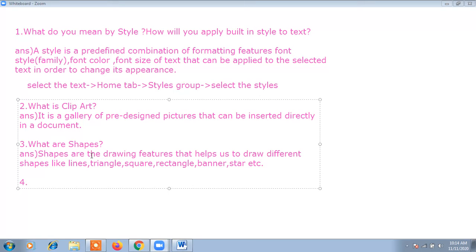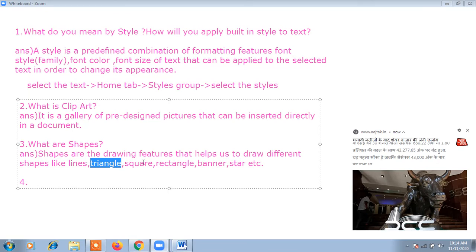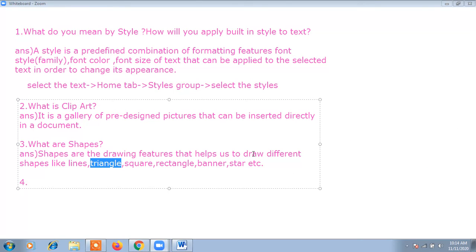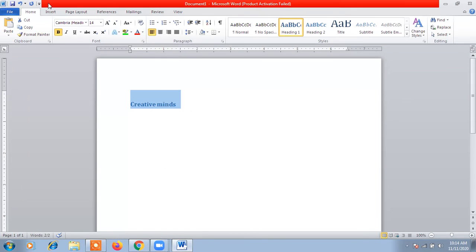Shapes are used to draw different types of shapes like lines, triangles, square, rectangle, banner, star, and etc. Apart from this, different symbols are also there.